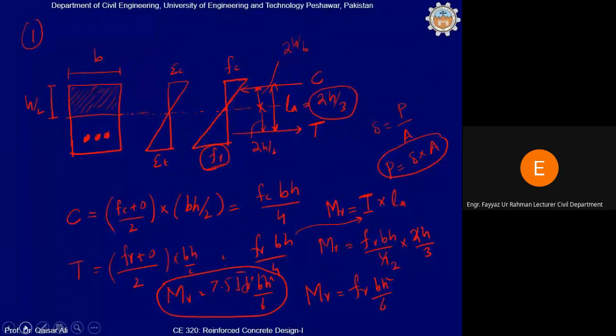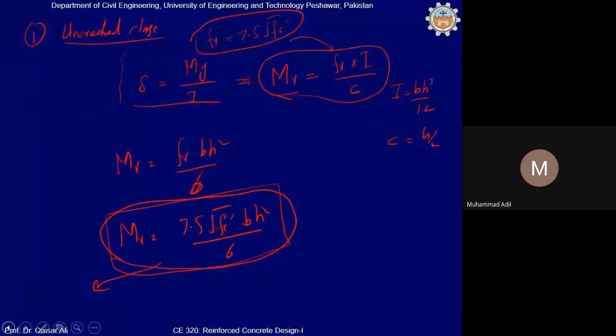You can use the same technique, that is applying the equilibrium equation at any stage to calculate the flexure capacity, because equilibrium will be there at any stage. Clear? Yes, sir.